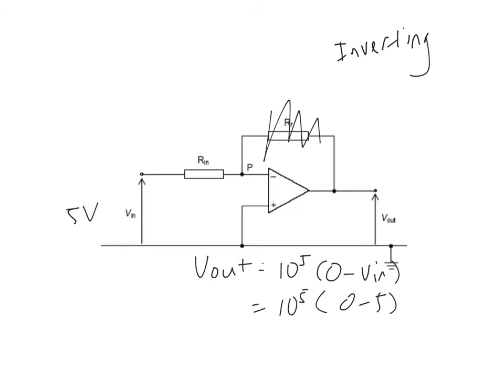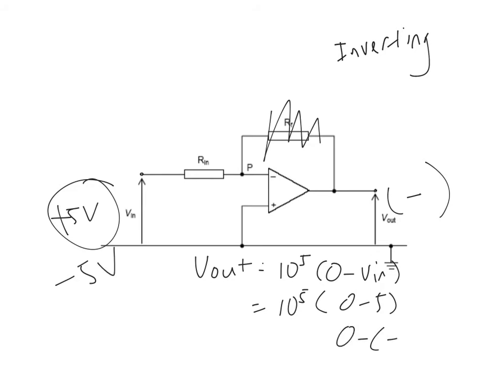You will get a negative output because this is called an inverting amplifier. Which means when we put in a positive value, your output will be negative. That's why it's called an inverting amplifier. But if you give it a negative 5 here, and you take 0 minus negative 5, do you realize you get positive? So that's why it's called an inverting amplifier, because you only feed the input to the inverting side.